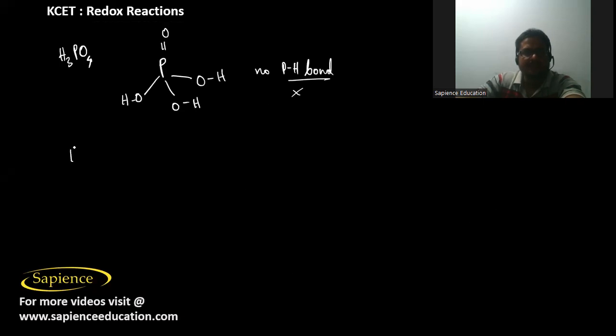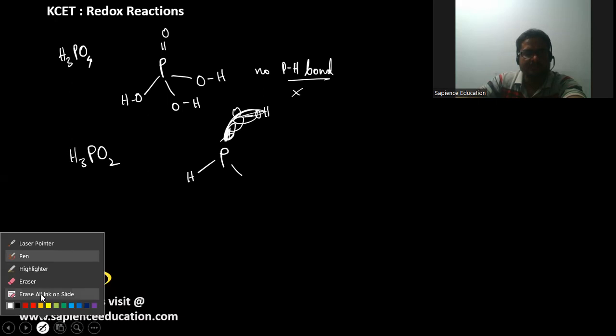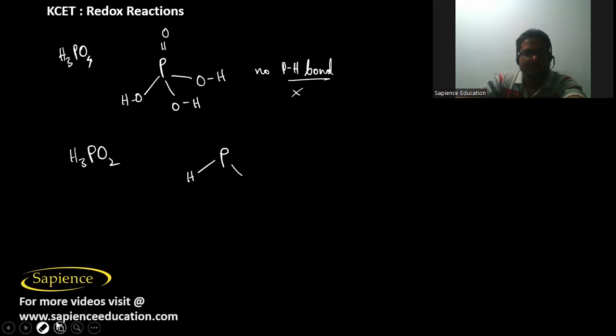Then in H3PO2, we have P-H bonds. Here we have P-OH. Here one lone pair is also there on phosphorus.